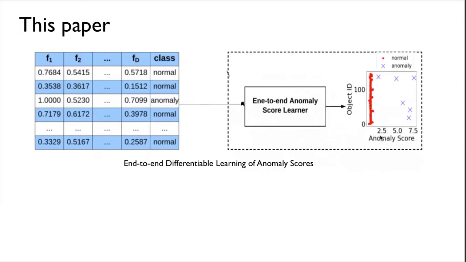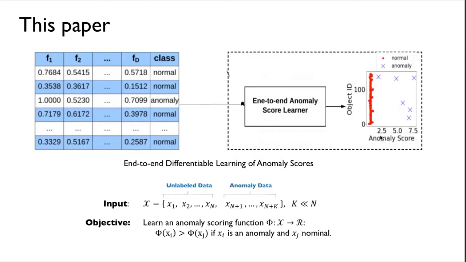They basically go directly from the input feature vectors, and then they build a model that can derive the anomaly score. This process is end-to-end, meaning that all the model parameters in between can be learned and optimized so that the anomaly score is well suited for detecting anomalies in the future.